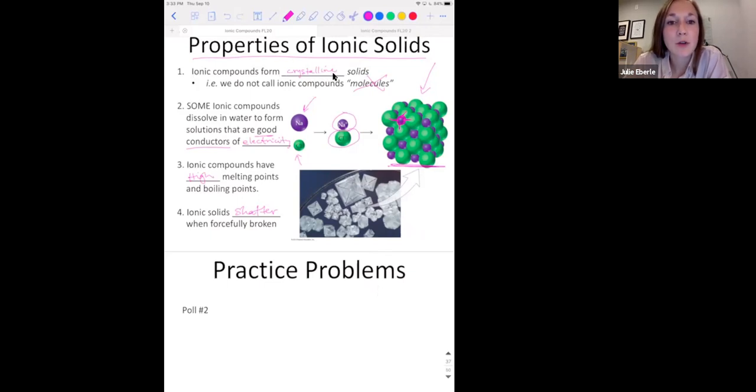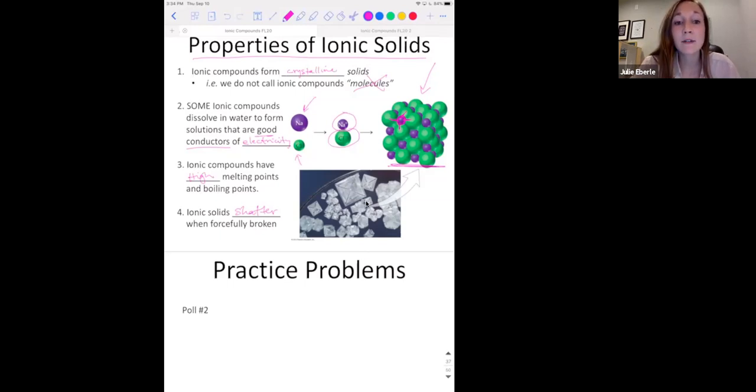Okay, so the majority picked that the one with the highest melting point had the strongest ionic bonds. That's NaCl. The 801 degrees Celsius, that's NaCl's melting point, right? So because it has the highest melting point, that means it has the strongest bonds. It takes the most amount of heat or energy to break apart ions of sodium and chlorine.